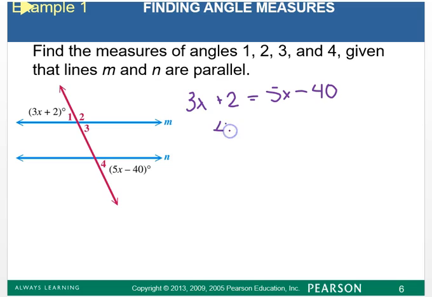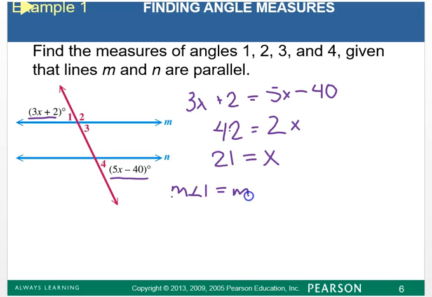So we're going to get 42 is equal to 2x, and x is equal to 21. Now, if we plug x back into either one of these, we'd end up with the same thing. So measurement angle 1 and 4 are equal to each other, and that is equal to 65 when you plug it back in.